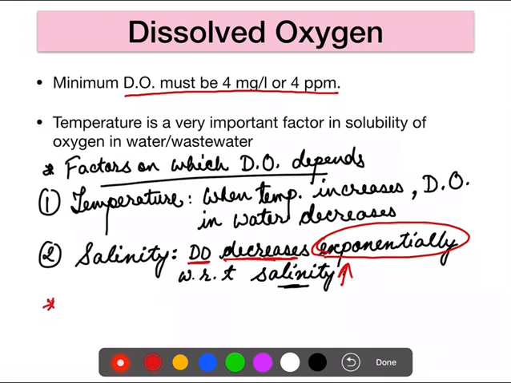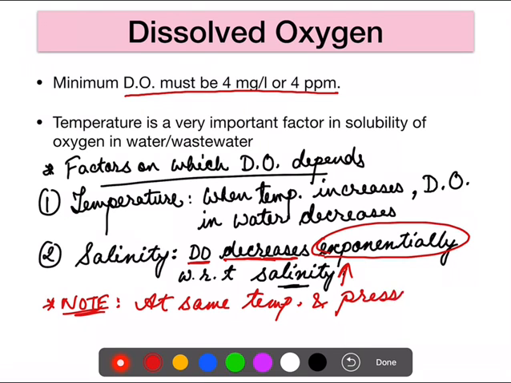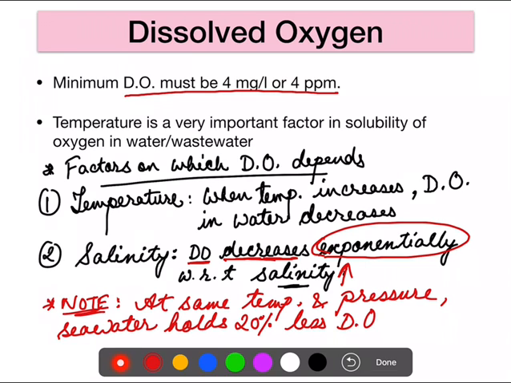Also, important information for you, note: at the same temperature and pressure, seawater holds 20% less dissolved oxygen than fresh water.